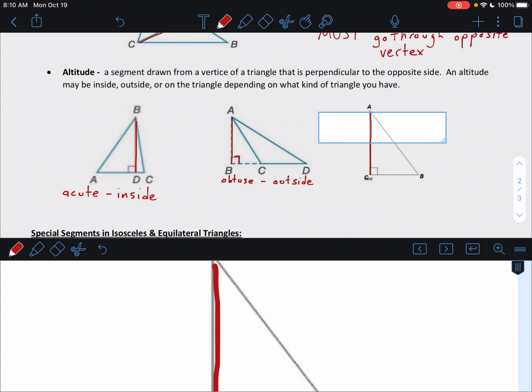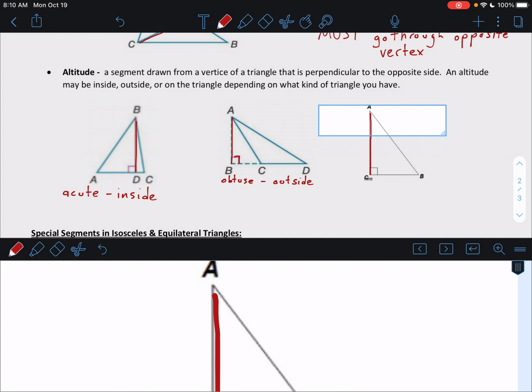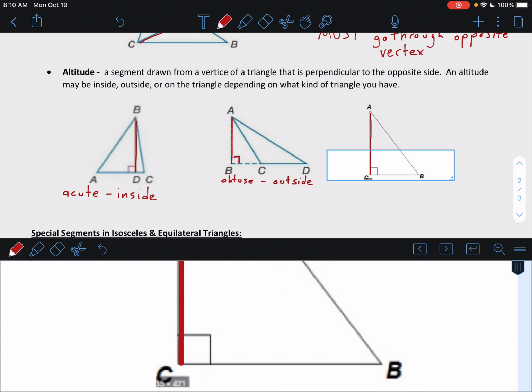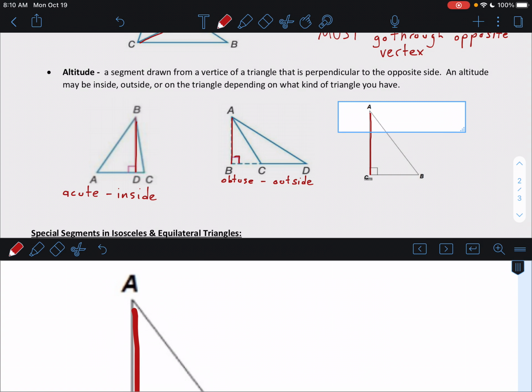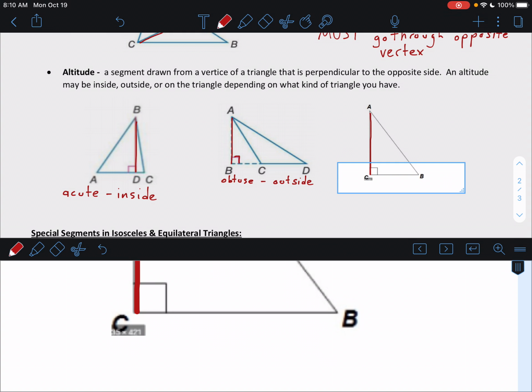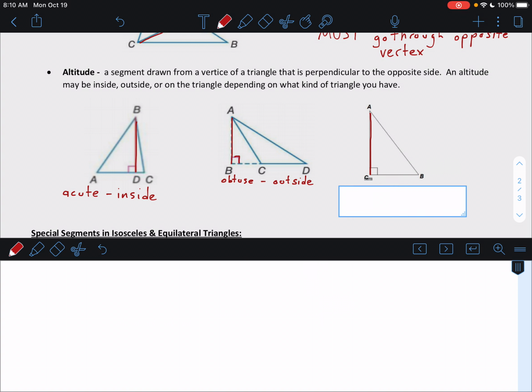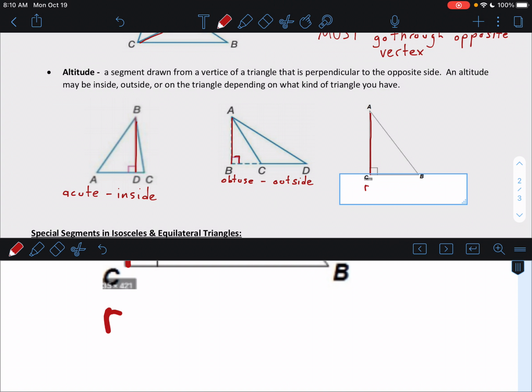So that's what I mean by on the triangle, because this is already a right triangle. So the altitude of this right triangle goes through the point A, and it's perpendicular to this segment BC. So if it is a right triangle, it is on the triangle.